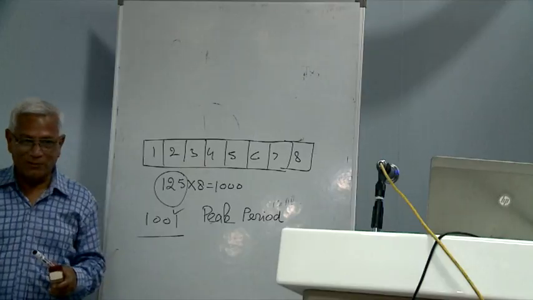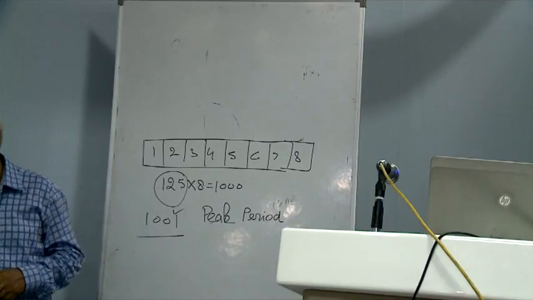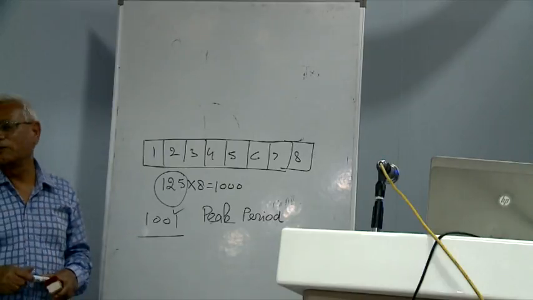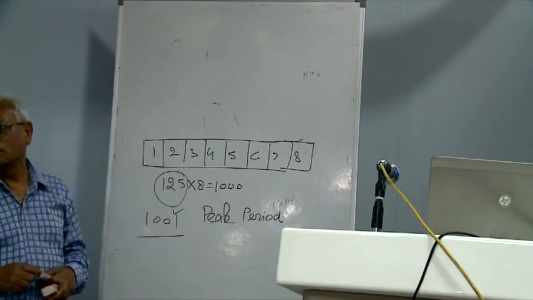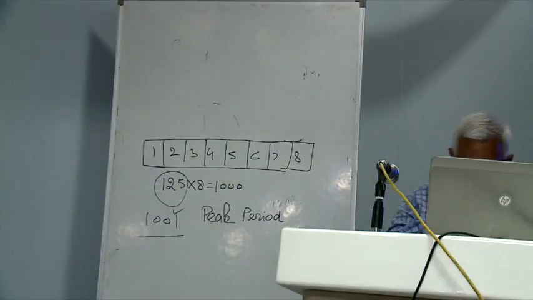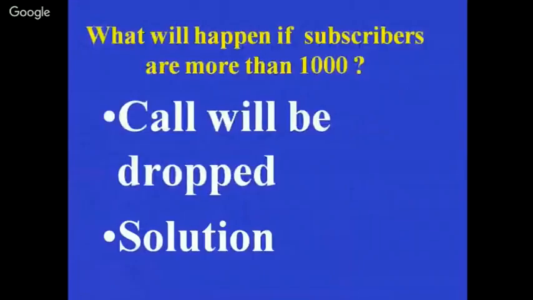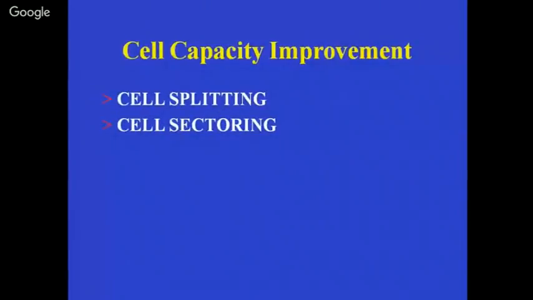The only way is to make smaller sectors. Understand? Similar is the case in mobile communication. We split this. So what is the solution, otherwise the call will be dropped? Cell splitting or cell sectoring.